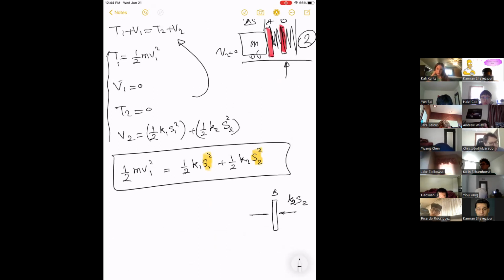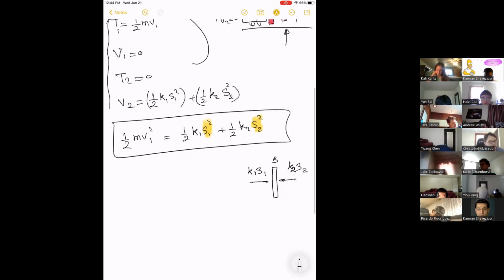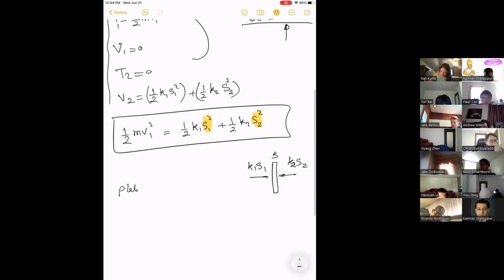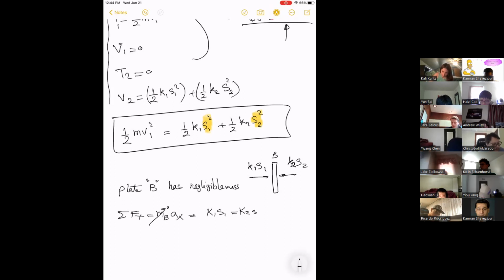From the left side, you have the force of K1 S1. Because plate B has negligible mass, technically the summation of forces in X equals MB AX. This is 0, which means K1 S1 equals K2 S2. So this gives you the second equation.